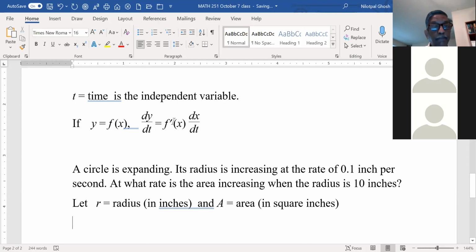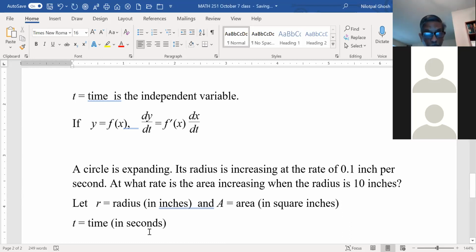T equals time. You don't have to define T; I will always assume T is time, except for what unit you're using. So I'm going to use the unit seconds. So we clearly define what our variables are and what unit I'm using, in case there is more than one unit involved.